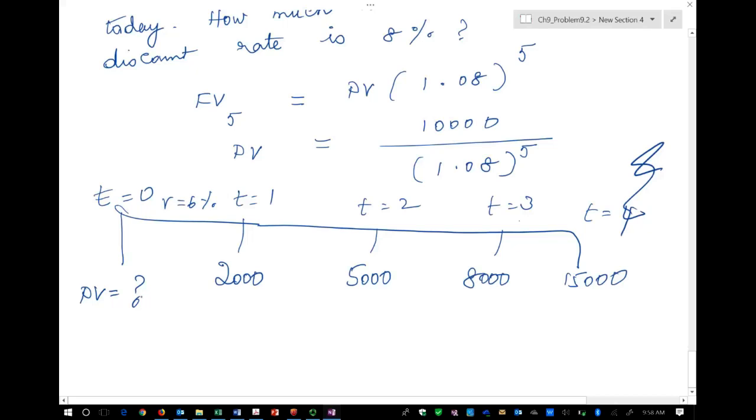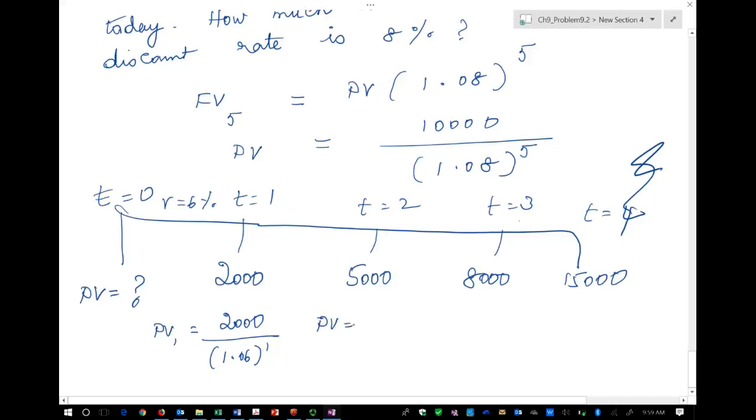If I ask you this question, how will you do it? You have the tools now. How many of you know how to solve this? In this case, present value 1 is equal to 2000 divided by 1.06 raised to the power 1.